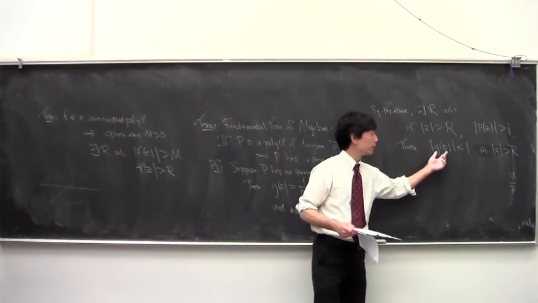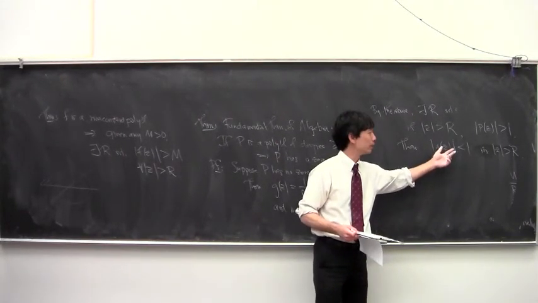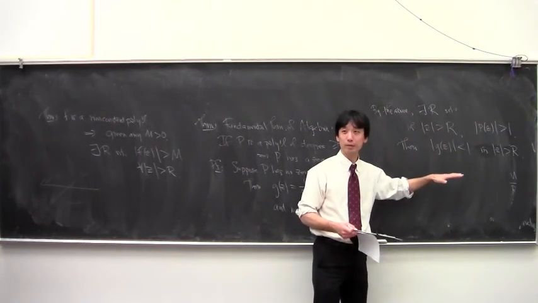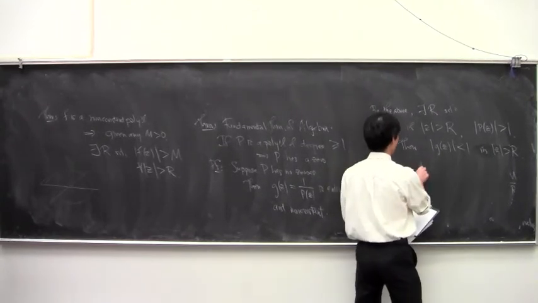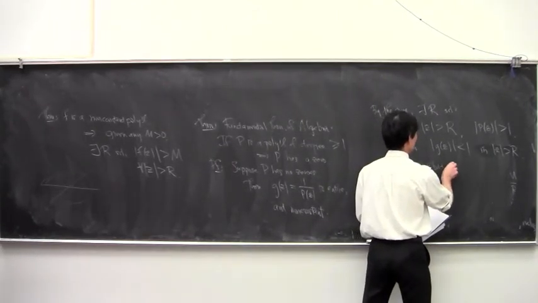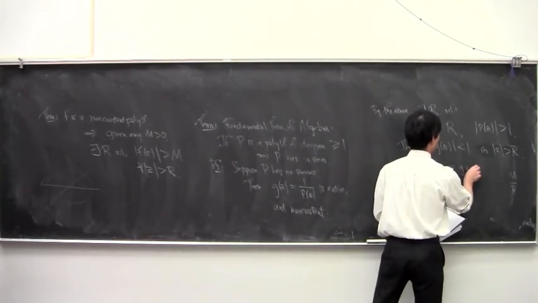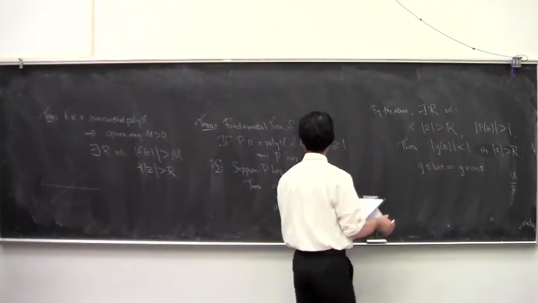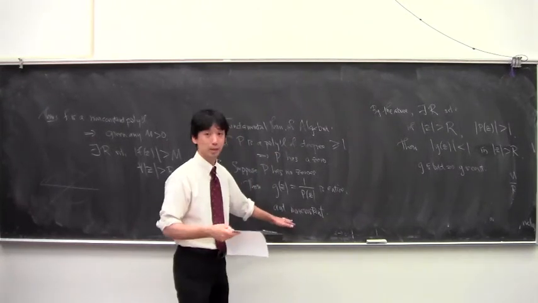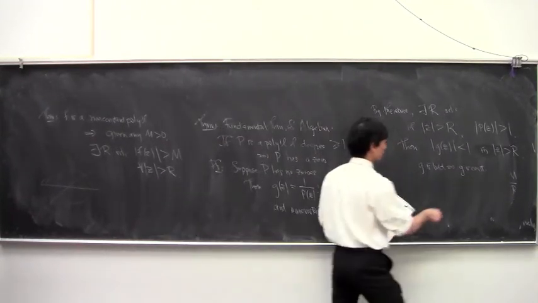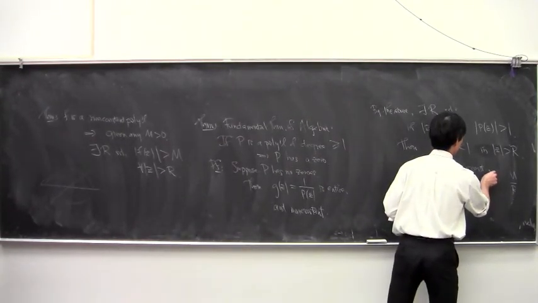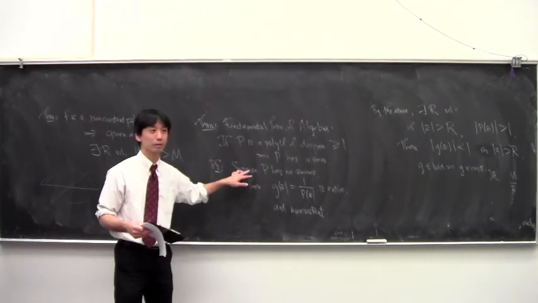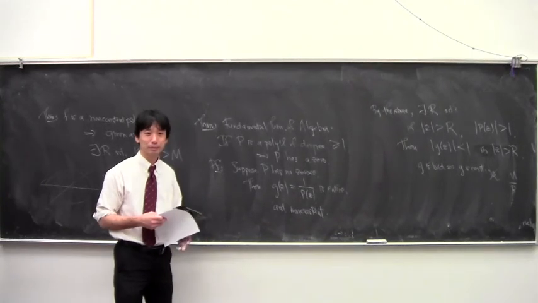But then G is bounded, because G is bounded on the disk of radius R and outside of the disk of radius R. So G is bounded, and so G is constant. That's a contradiction because G was non-constant. So P has to have zeros.